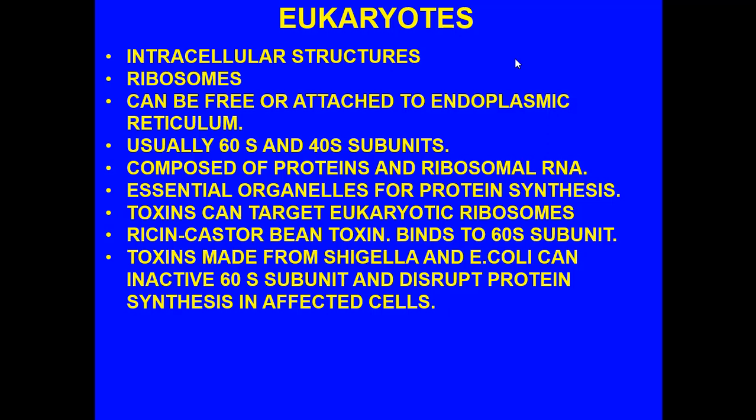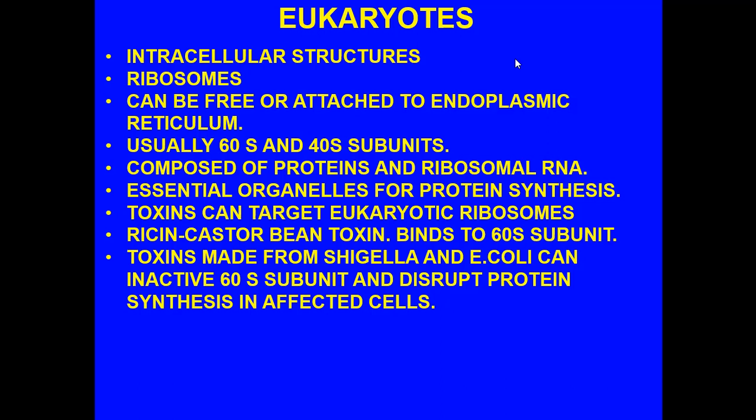All ribosomes are composed of proteins and ribosomal RNA. They are essential for protein synthesis. You can't live without them. That's why toxins that target eukaryotic ribosomes are nasty. They basically will lead to the death of the organism.